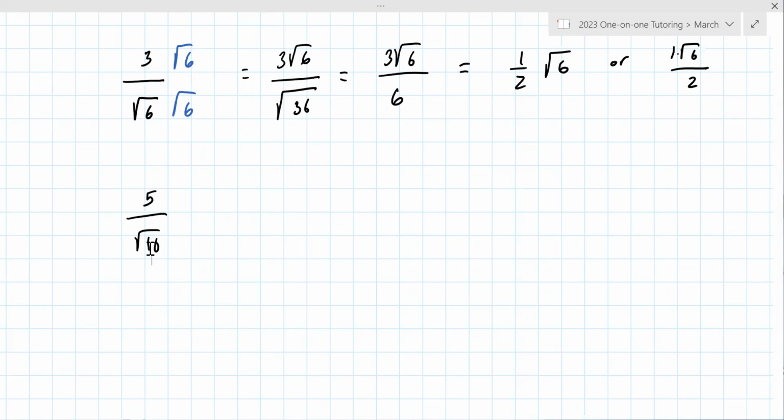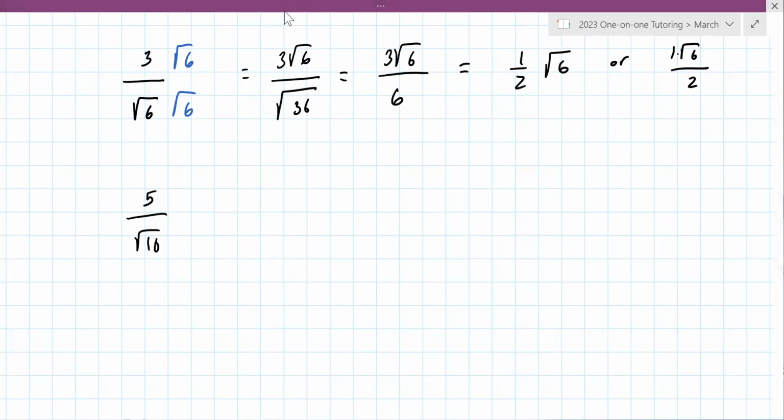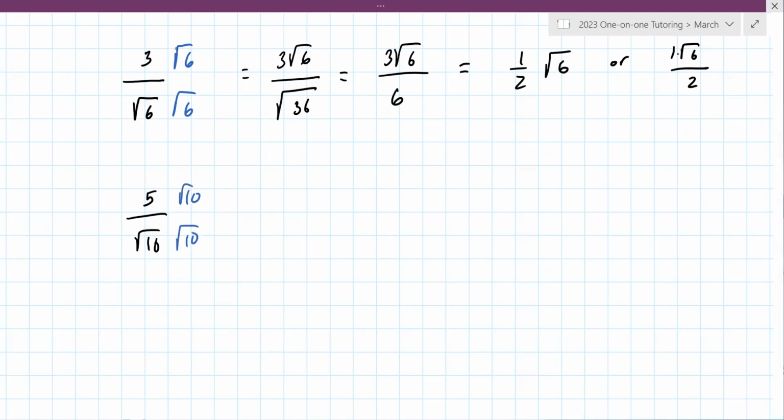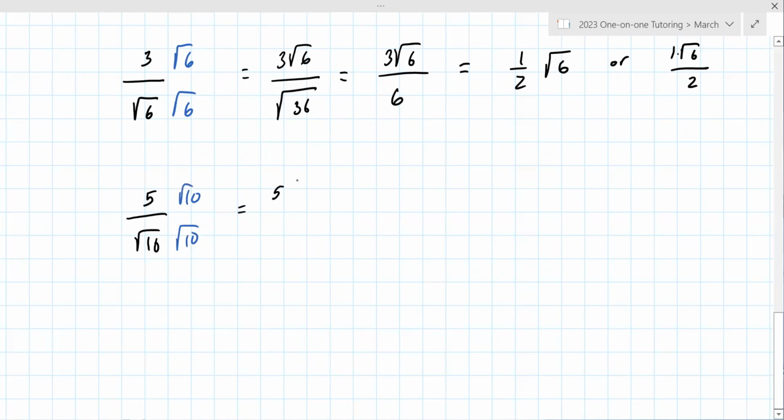I got 20 square root of 10. Okay, I need a little more information here. What did you multiply the top and bottom by? Square root of 10. Okay. So the numerator becomes 5 square root 10. Bottom is the square root of 100.